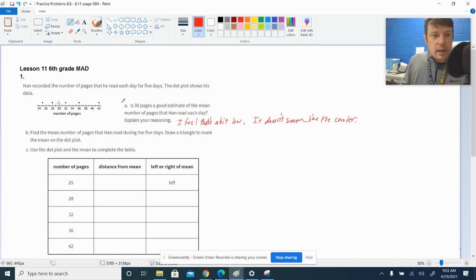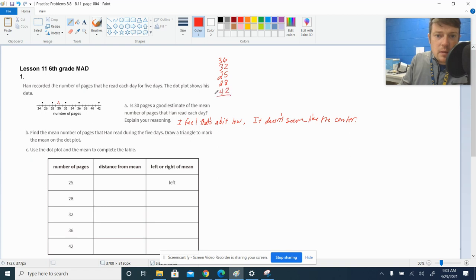So the mean. Let's add them all up and divide by how many there are. So we got to add the numbers here. We got 25, and we're adding 28 to that. We're adding 32 to that, 36 to that, and 42.